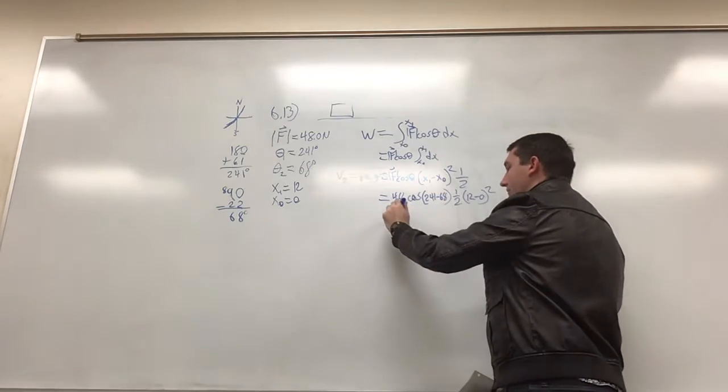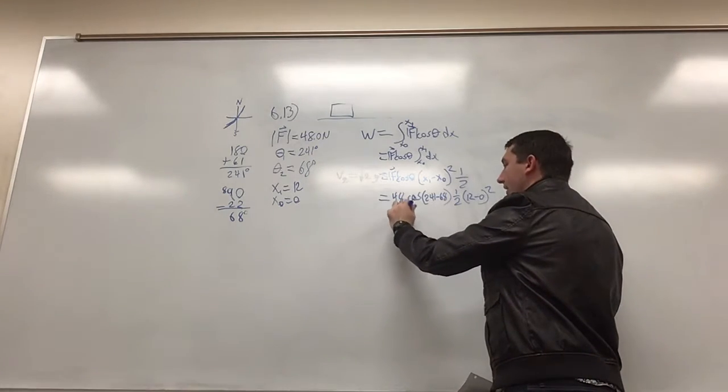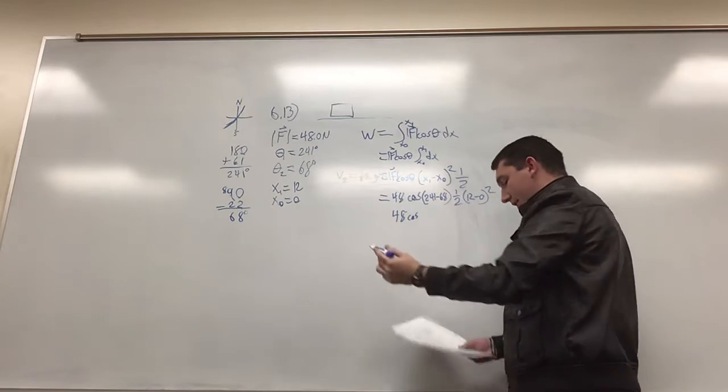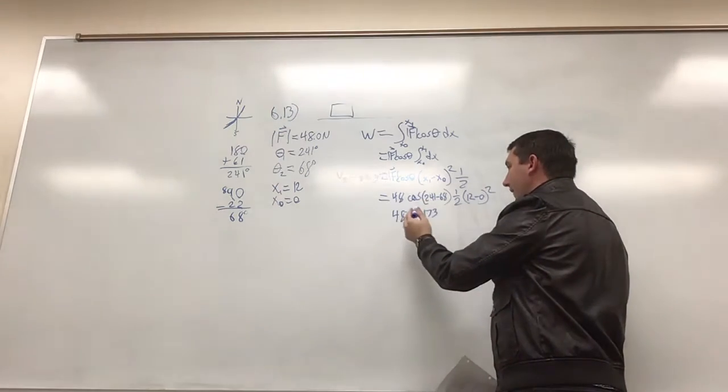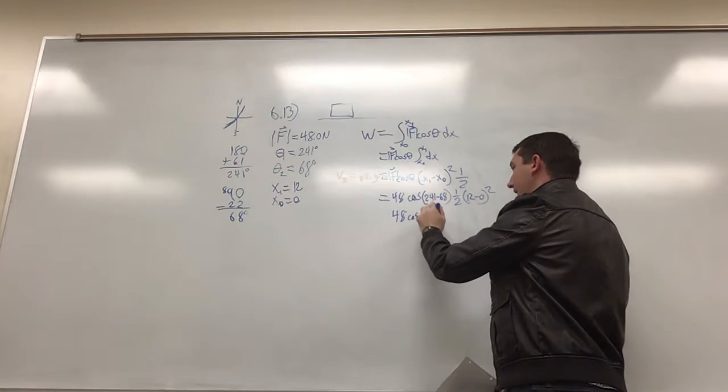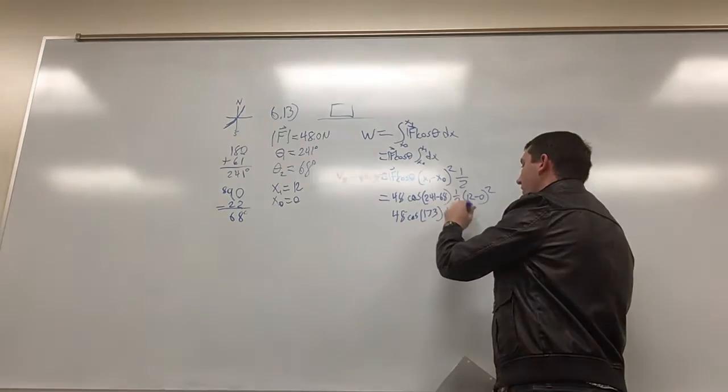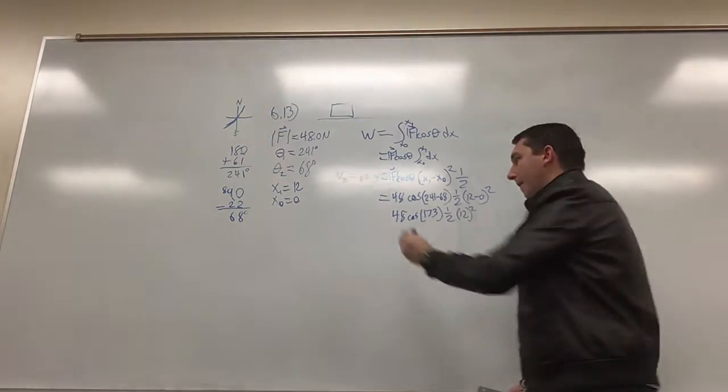We can simplify this down a little more: 48 times cosine of 173 times 1/2 times 12 squared.